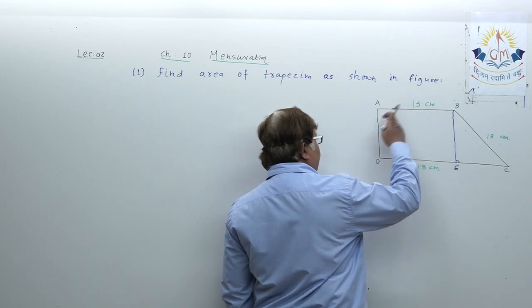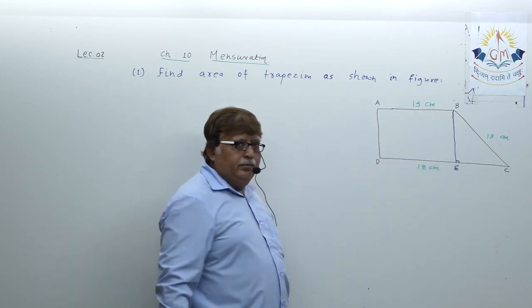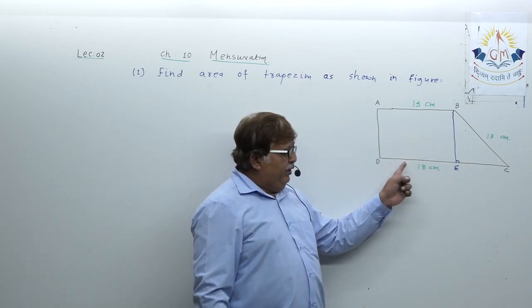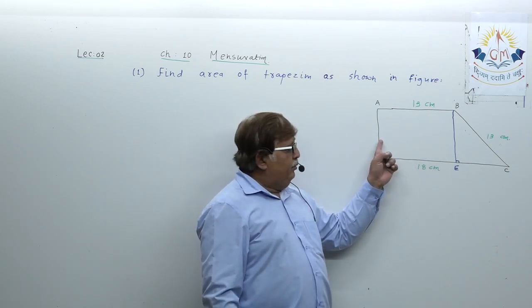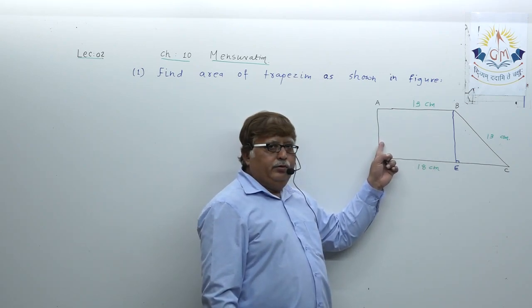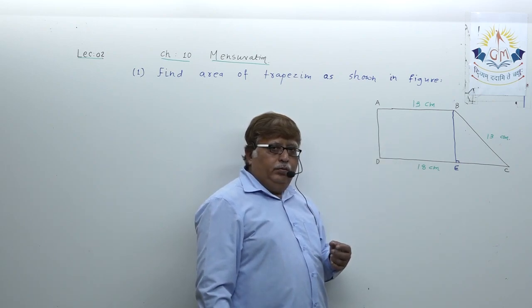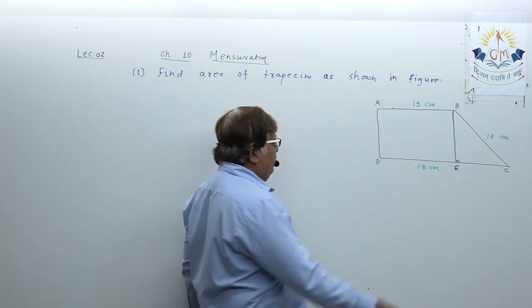This is, at least, my dear student, not a parallelogram but a rectangle, because AB is parallel to DE, BE is parallel to AD, and as you know, opposite sides of a rectangle are always congruent.